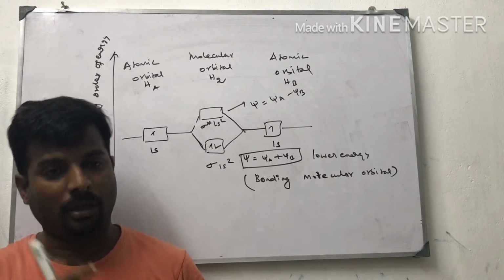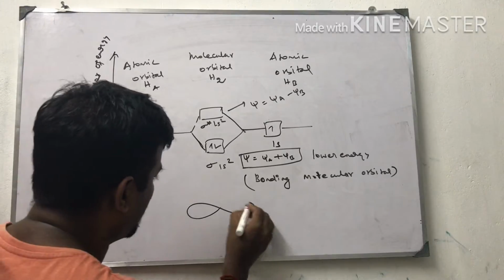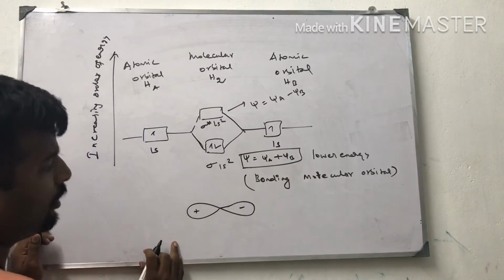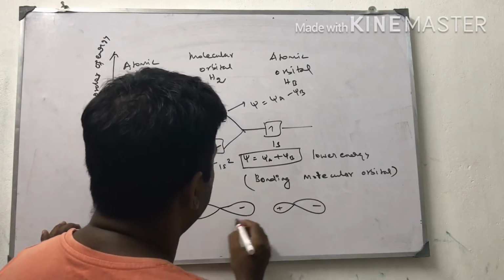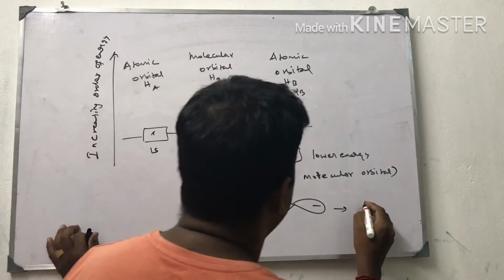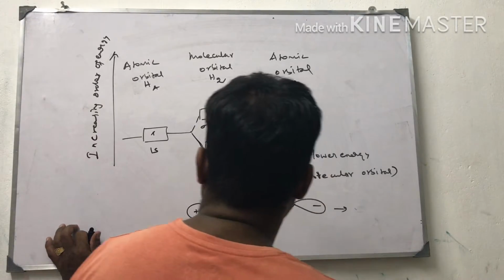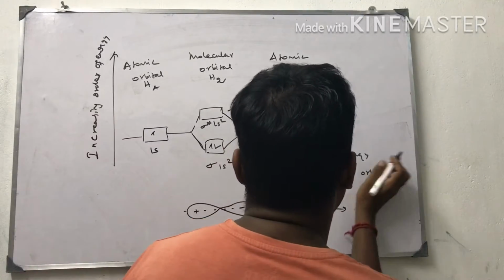We already learned this in the hybridization part, the p orbital. Suppose I take a p orbital containing crest and trough, and one more p orbital containing crest and trough. Suppose they overlap like this, linear or axial overlapping, internuclear overlapping.